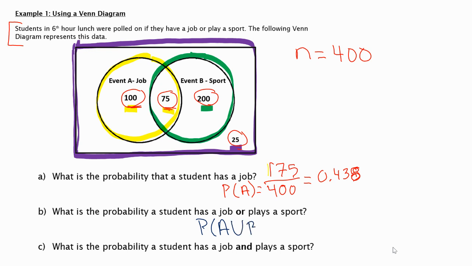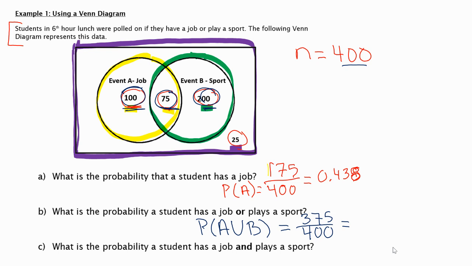It can fall into A or B. We're taking this out of 400 because that's the entire amount, and we're looking at the number of students that fell within either circle: the 100, the 75, and the 200. If we add these three values up, it adds up to 375.